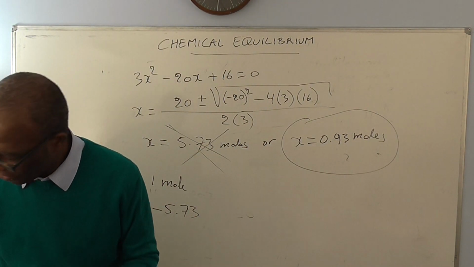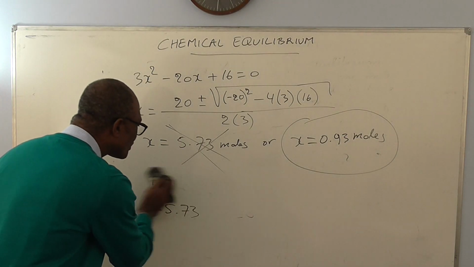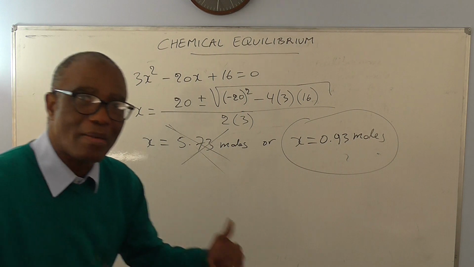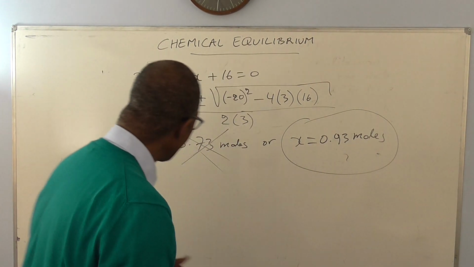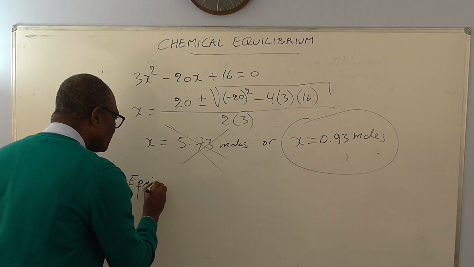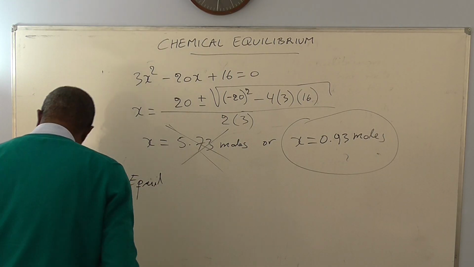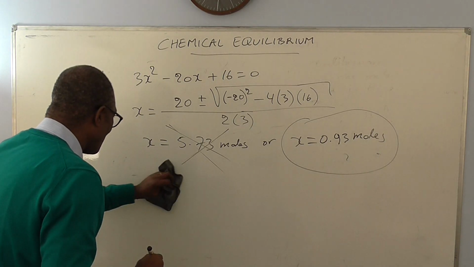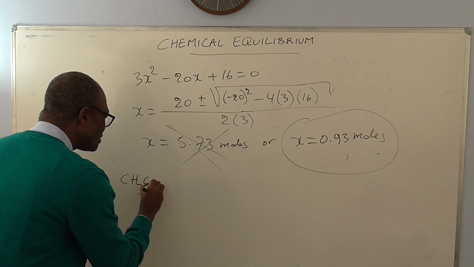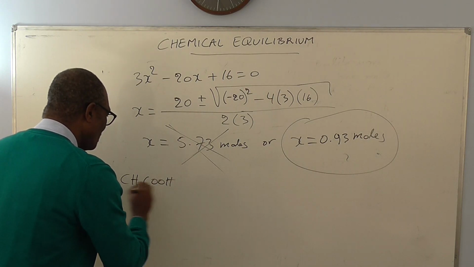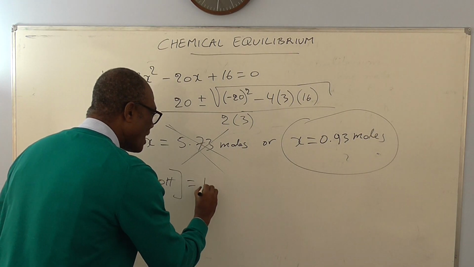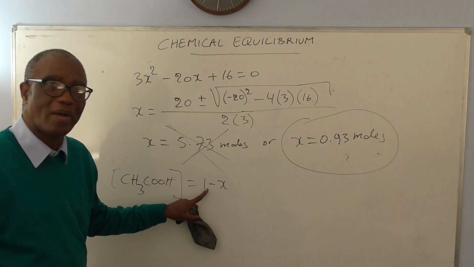We have the value of x. Now, we need to get the composition at the equilibrium. Remember, at the equilibrium, for ethanoic acid, the concentration of ethanoic acid, we said that it was 1 minus x.